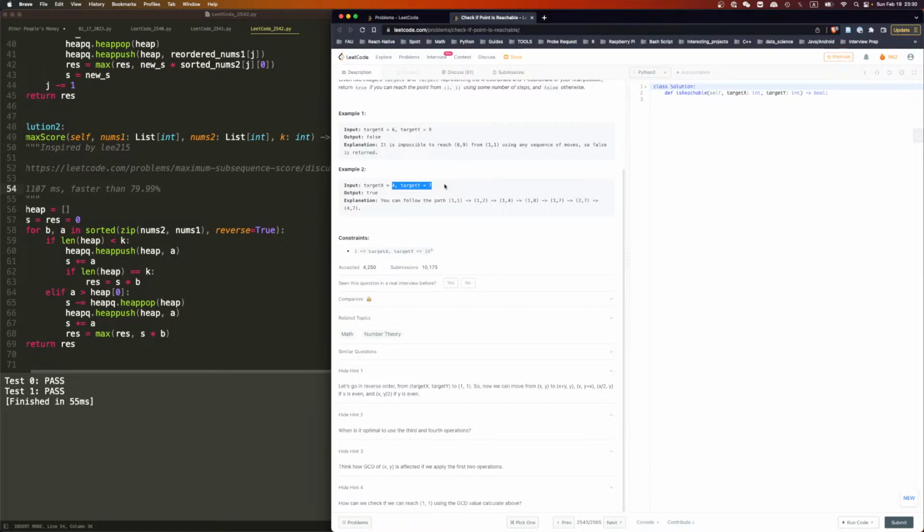If it's 3 and 7, then what will happen? Now we want to add. Now we cannot divide, so we have to add. And each time we add, the only way to create new ways to divide is if we add. We're going to do 3 plus 7, right? That will be 10.